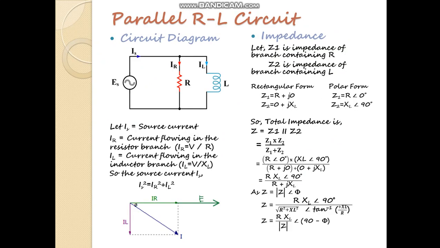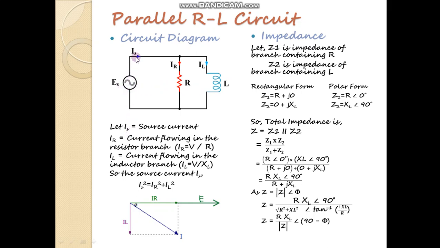Now the next circuit is the parallel RL circuit. This is the circuit diagram where we have connected the resistor and inductor in parallel, across the supply voltage.